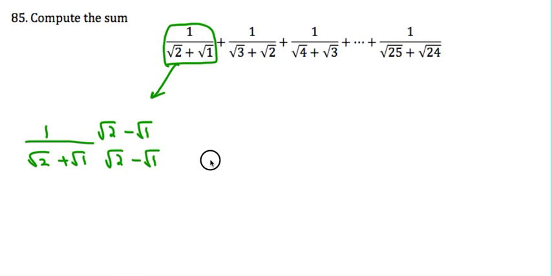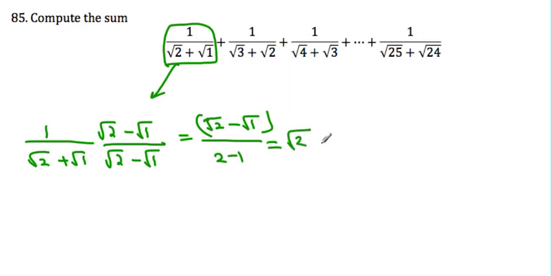If you multiply the top and bottom, the top stays as radical 2 minus radical 1, and the denominator becomes, by the difference of squares, 2 minus 1, which is equal to 1. Which simplifies to radical 2 minus radical 1.